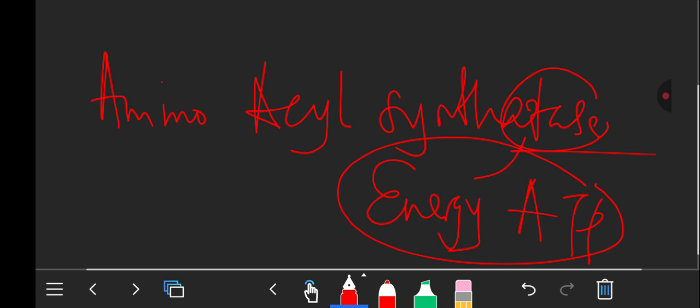And there is what is known as amino acid activation. When you're talking about amino acid activation, it is just the addition of energy to the amino acid.